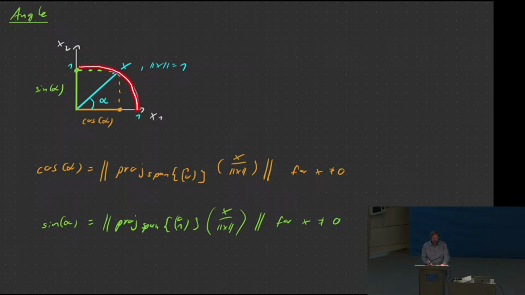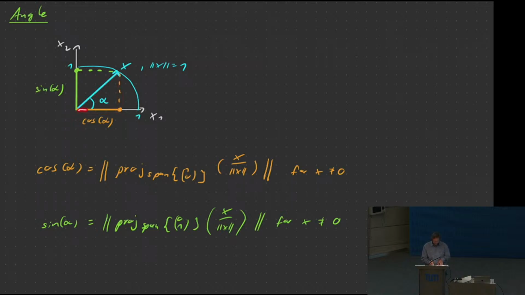This is part of the unit circle. You have a point on that unit circle, call that x here, or the corresponding vector points to this. And you have the angle between that and your x1 axis. And then the sine and the cosine of that angle are defined by this triangle that is spanned here.